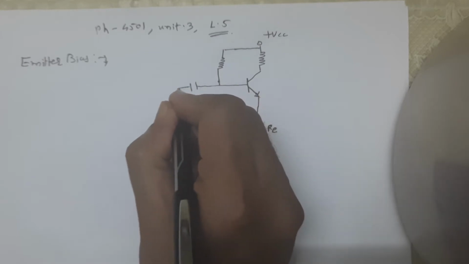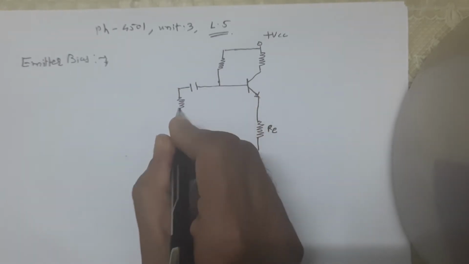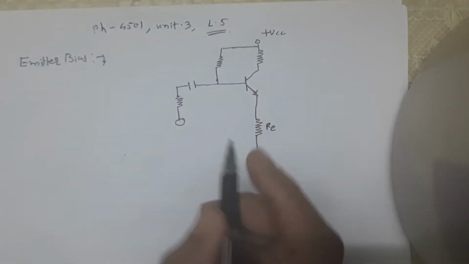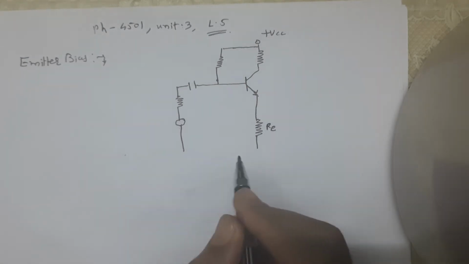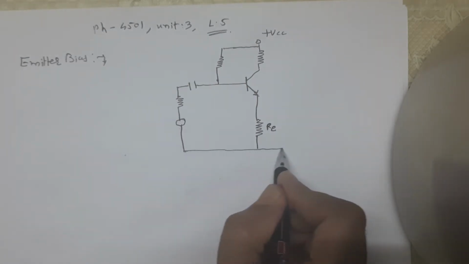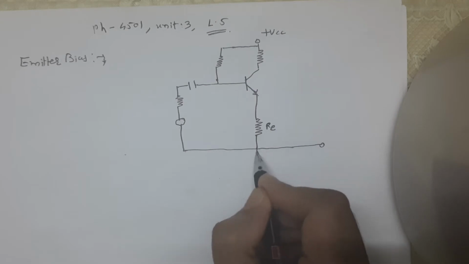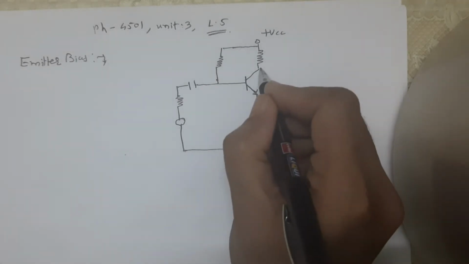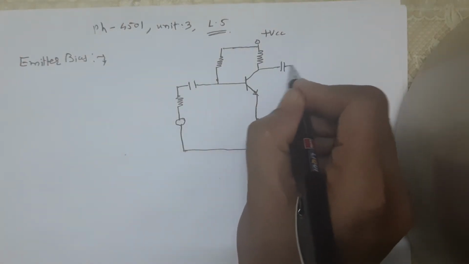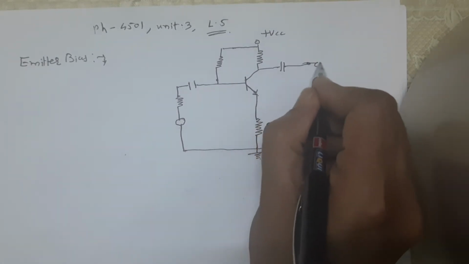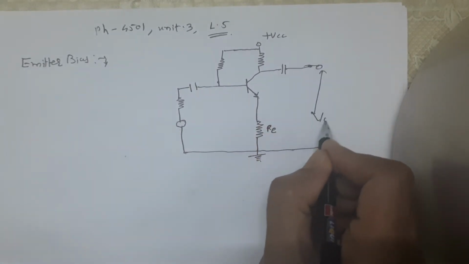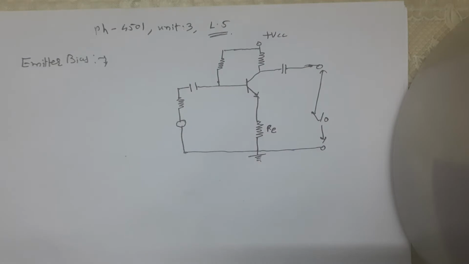Capacitor, source resistance Rs, source Vs, and then grounded. Second capacitor, and this is your output.